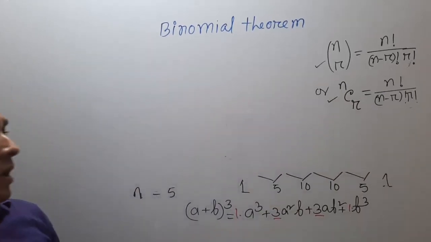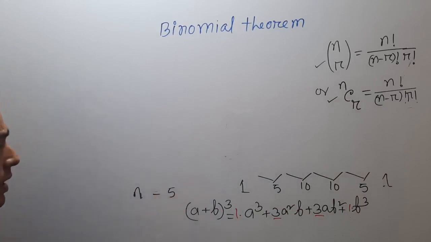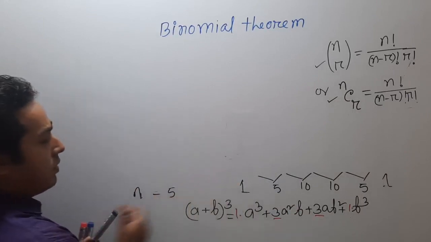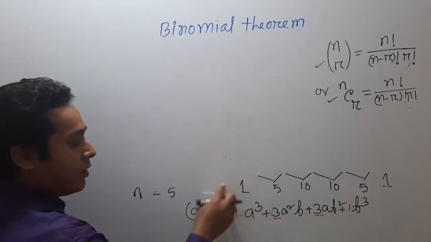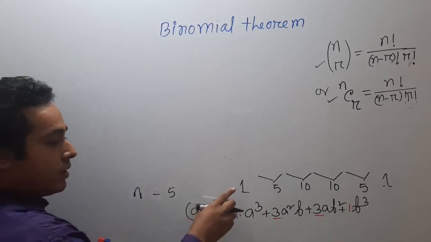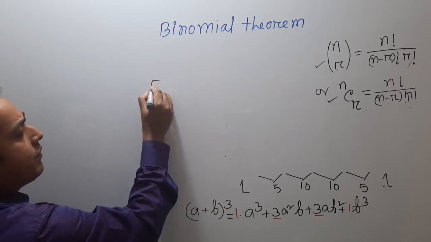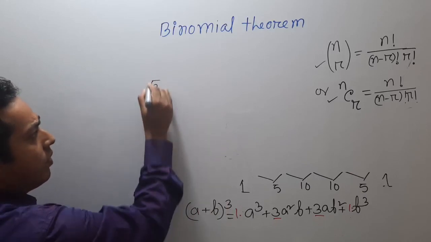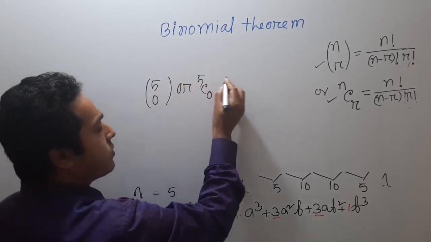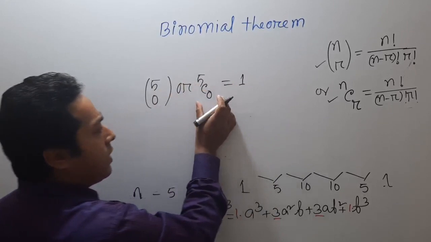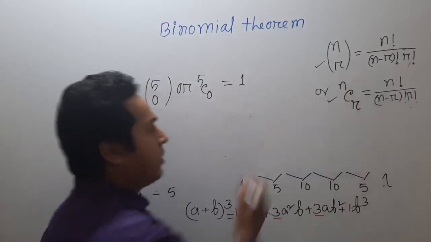Okay, and how can we express this for n is equal to 5? If n is equal to 5, then for the first term, according to the binomial theorem, the coefficient is 1. So 5C0 is equal to 1. We can get this value from a calculator or by this method.